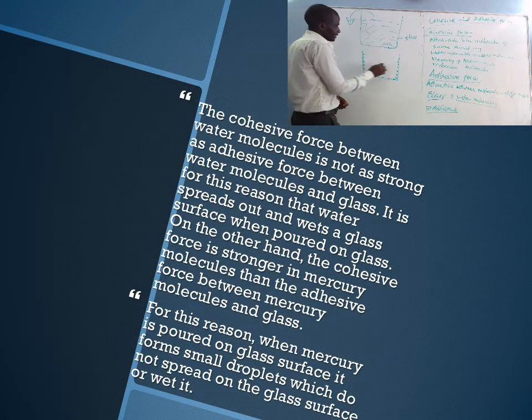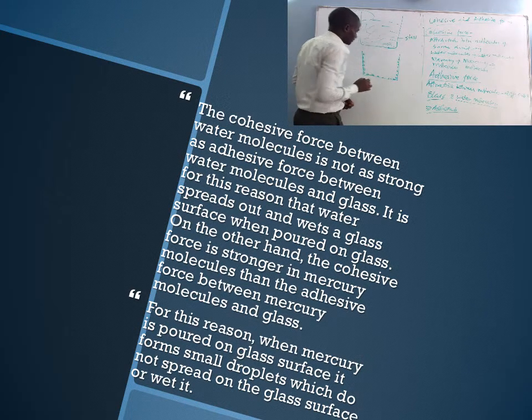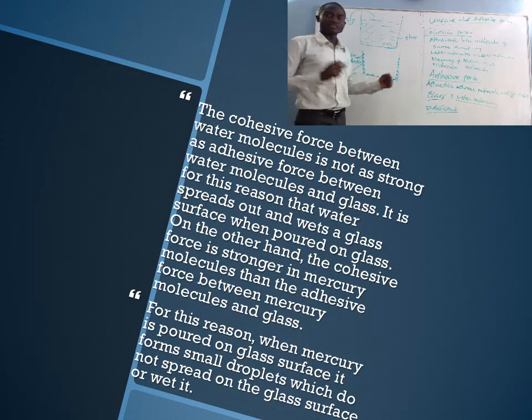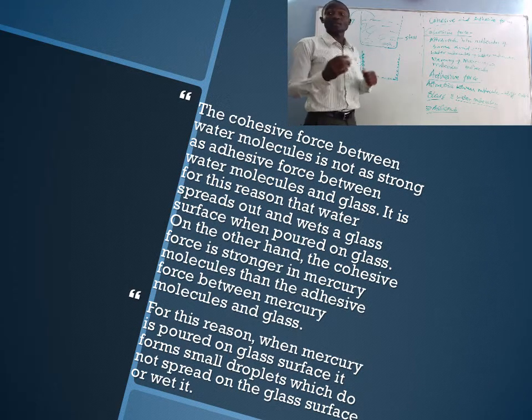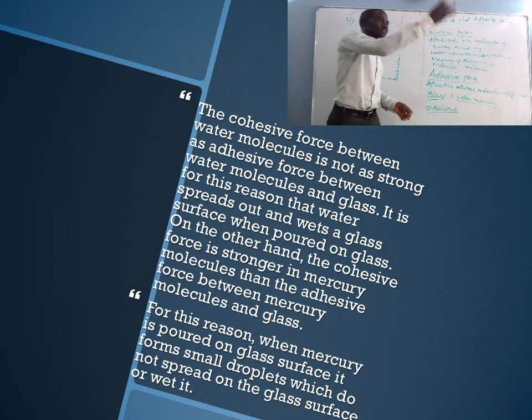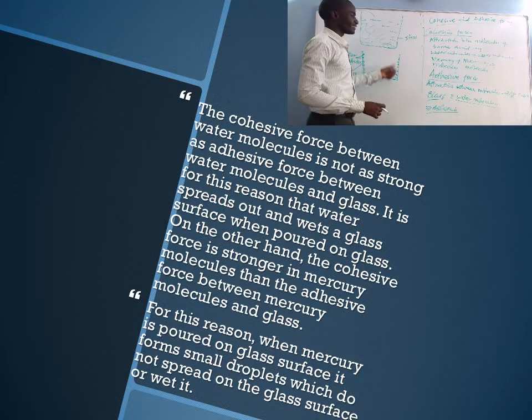Then you realize that still there are some molecules which are attached on the surface of the glass. So you realize that there is some attraction. If these are water molecules, and this is a glass, when that attraction is much stronger than among the water molecules themselves, then instead of all the water molecules going out of the glass, some remain.